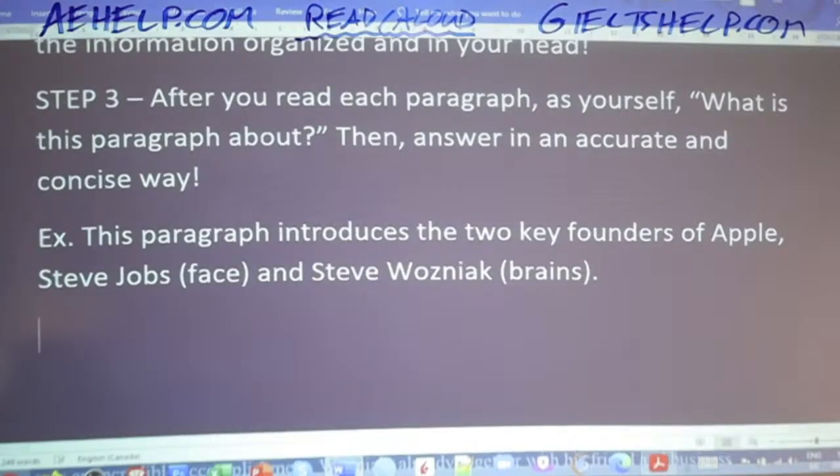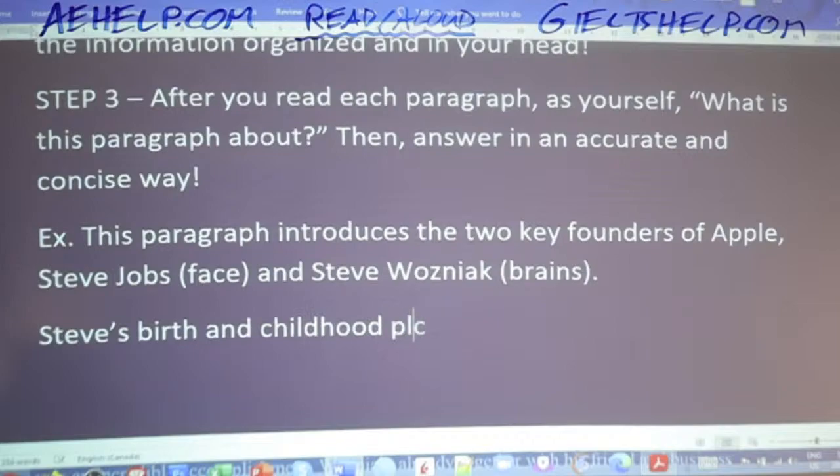So, Steve's birth and childhood place where technology was booming.